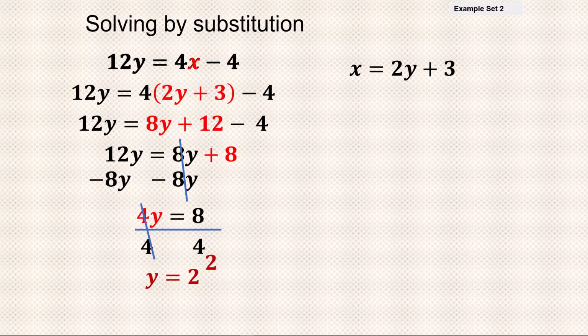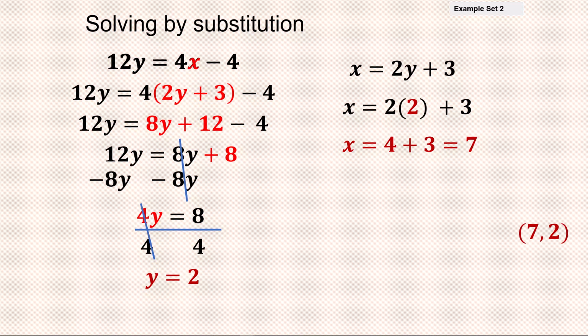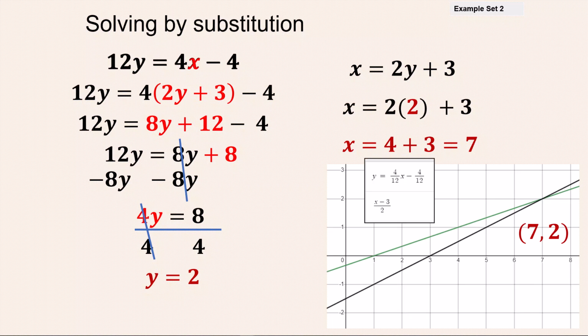Substituting 2 for y back into the second equation finds the value of x to be 7, the solution being the point (7, 2), just as we found it by graphing in the previous example. Although this process does take a bit more work, often it produces a more accurate result than graphing would do, especially if you have to do the work by hand.